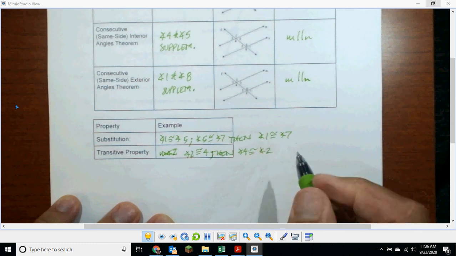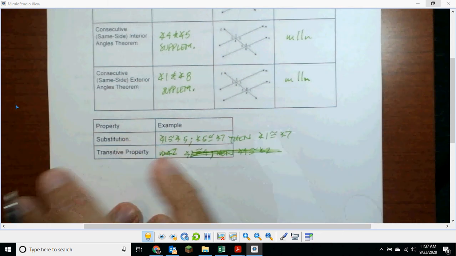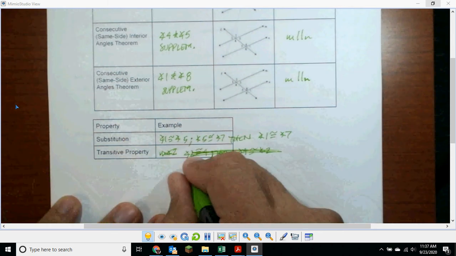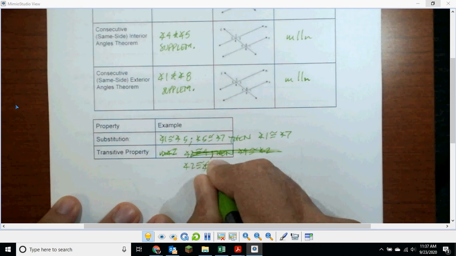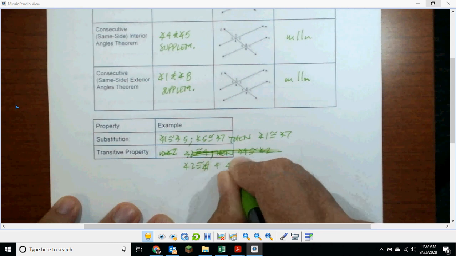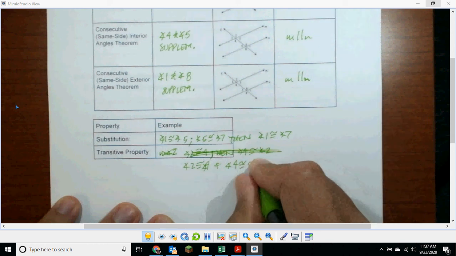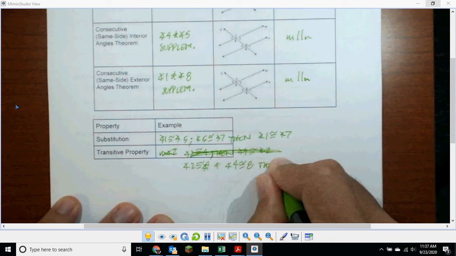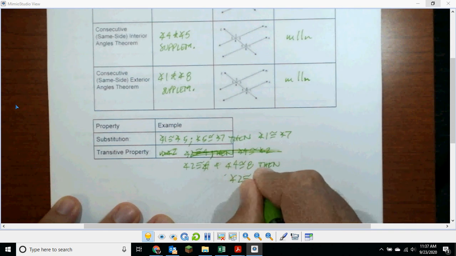No, that's commutative. Gosh dang it. Forget I wrote that, rewind the video, delete that, and then we say if angle 2 is congruent to angle 4 and angle 4 is congruent to angle 8, then angle 2 is congruent to angle 8.